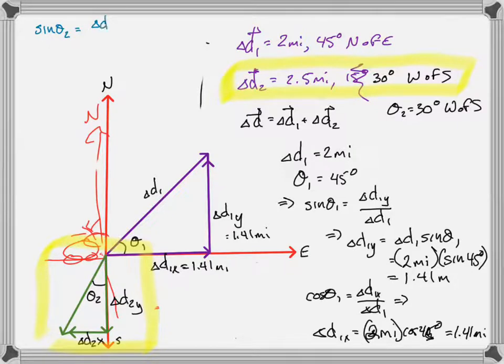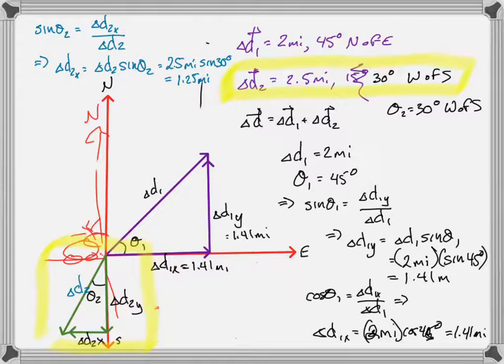The opposite side is delta D2x, and the hypotenuse is delta D2, so delta D2x is equal to delta D2 sine theta 2, which is 2.5 miles times sine of 30 degrees, which is 1.25 miles. If you don't know the sine of 30 degrees is a half, just plug it into your calculator.